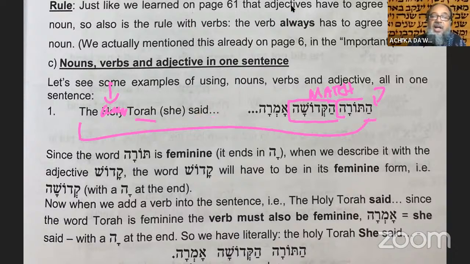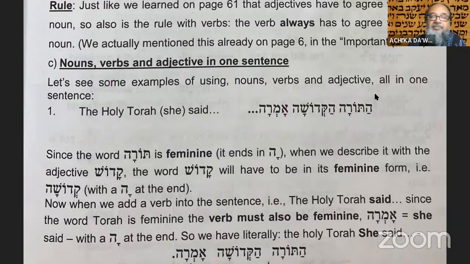So when the Torah is talking to us, it's feminine. Didn't know that, did we? The Torah is feminine. So is the Torah good for the nefesh? Yes. Do you see why the Torah gives you wisdom, knowledge, and understanding? Yes.